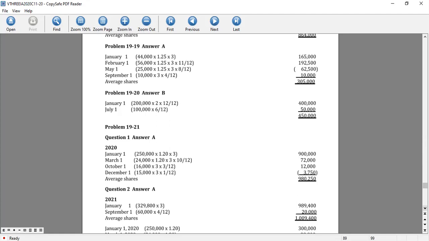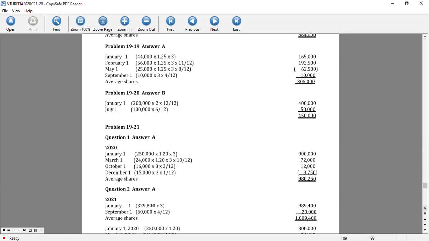So we now have in 19-20 on January 1, 200,000 shares, and then we multiply by 2 because of the split on April 1, and we multiply by 12 over 12, or this 12 over 12 may be eliminated. So you still get 400,000 shares.